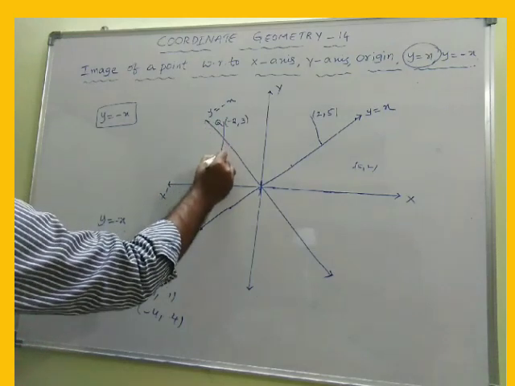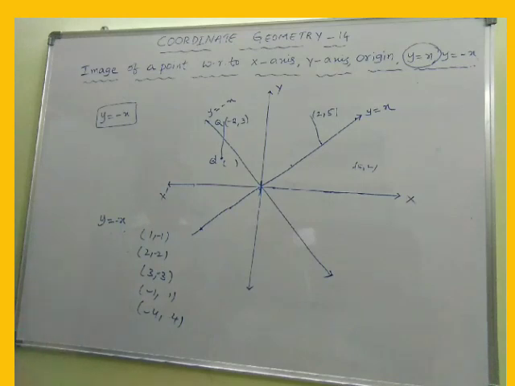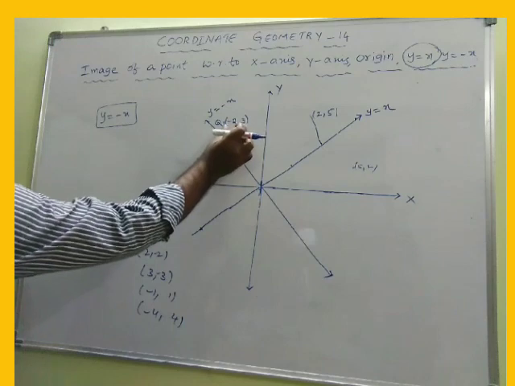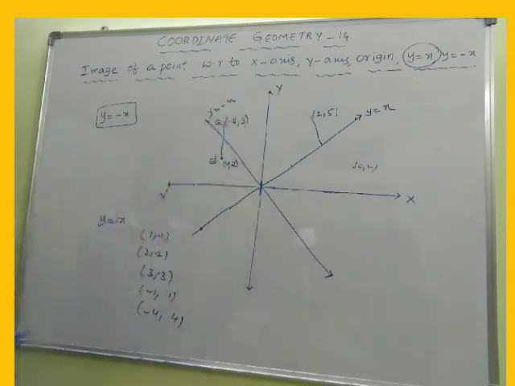So its image will be here somewhere, say Q dash. That is, y becomes now minus x. So the image of (-2, 3) with respect to y is equal to minus x.